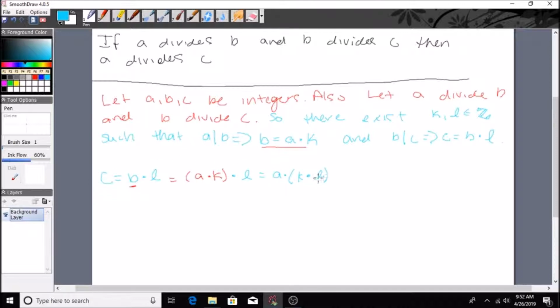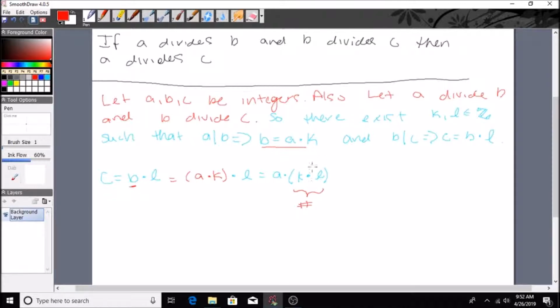And thus we have shown that A divides C, because if we multiply A by some number, and this is just some number, we don't know what it is. It's an integer, really, because an integer times an integer is an integer.